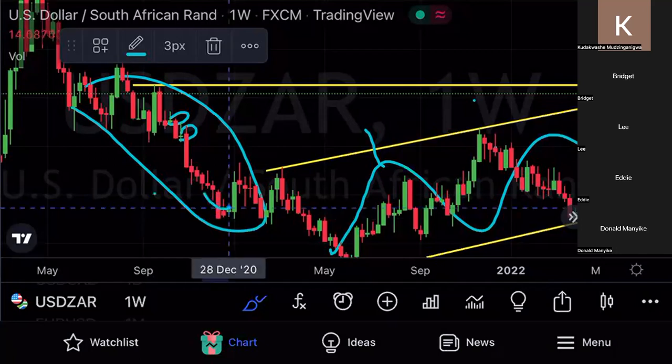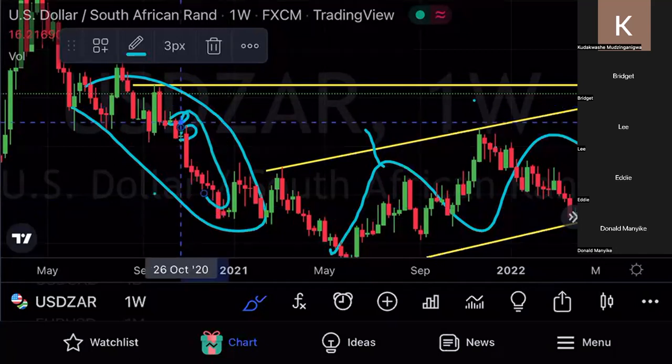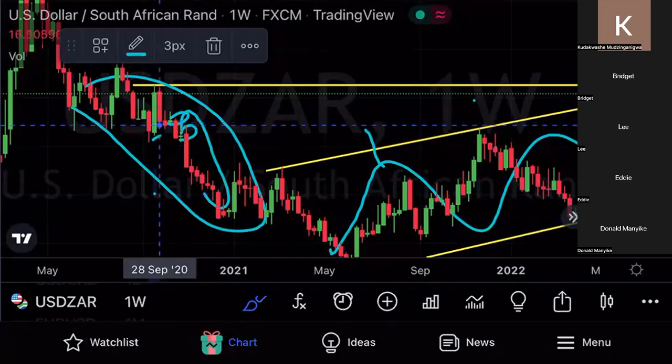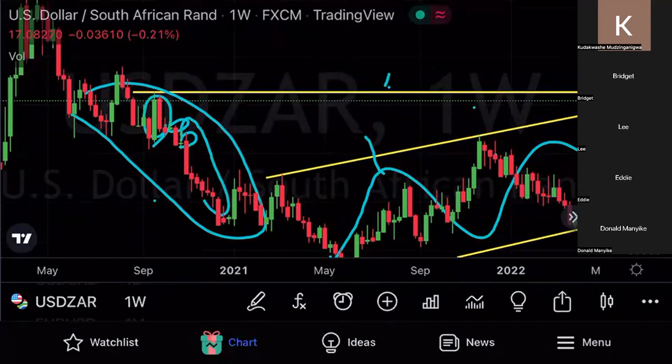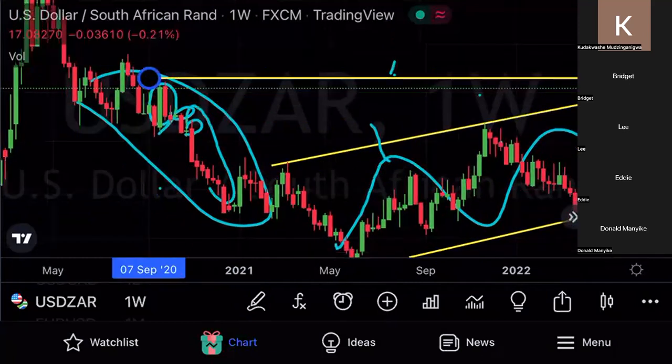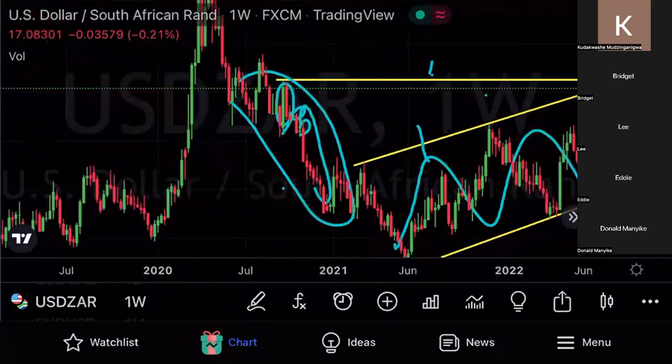Then the first big order block, the first green candle that we have, is this one. So obviously, I'm going to put my ray line at the top of that green candle. Then I go back.